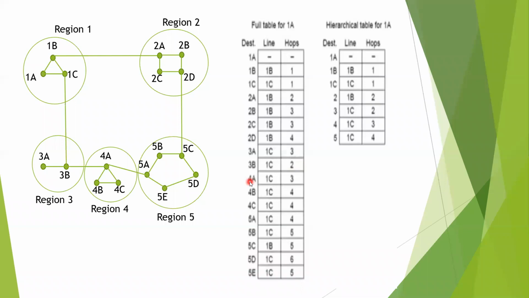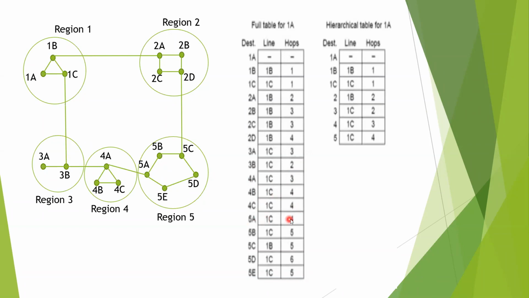Then 4A, if I want to reach, I have to make use of 1C itself. I have to make use of this line itself. Then 4A: 1 hop, 2 hops, then 3 hops. So 3 hops. Similarly, 4B will take 4 hops. 4C will take 4 hops.